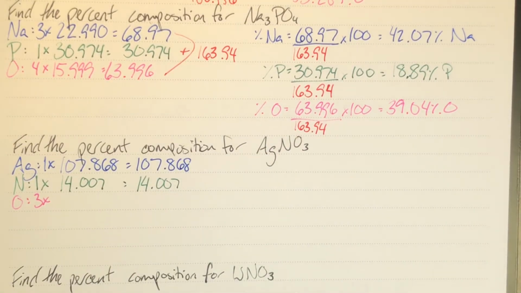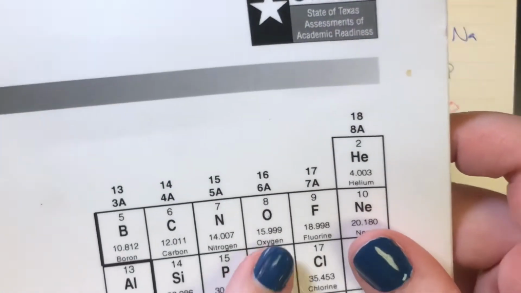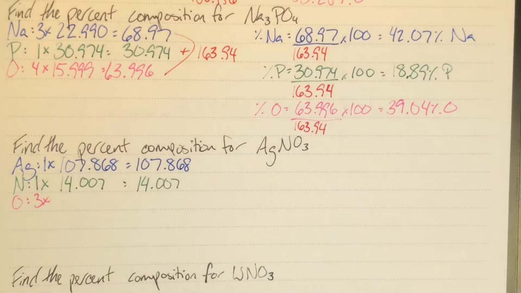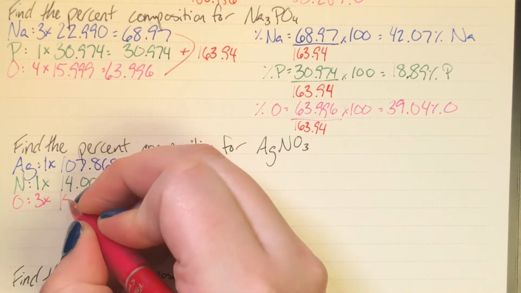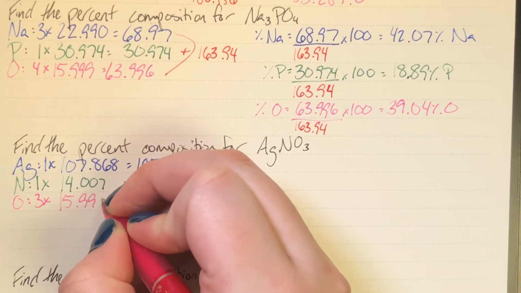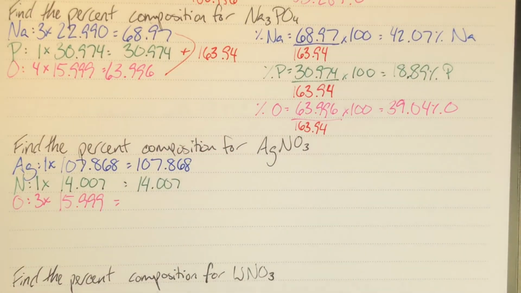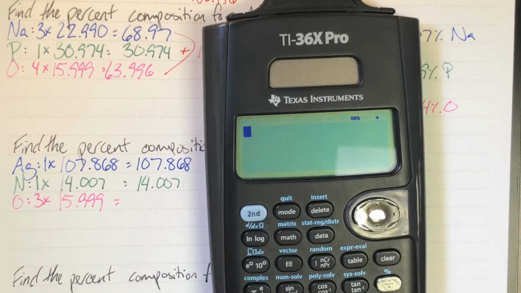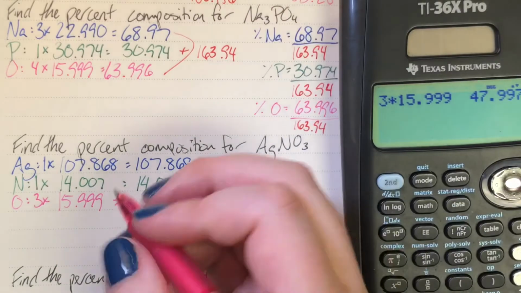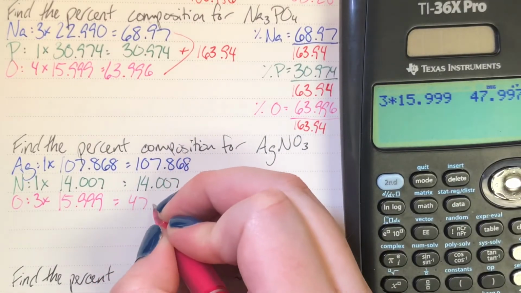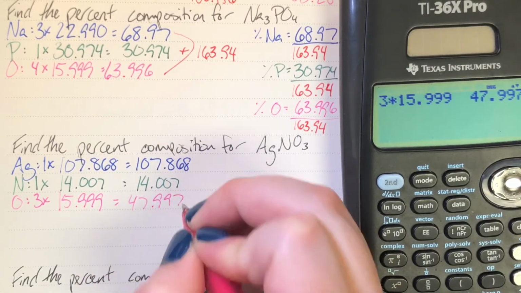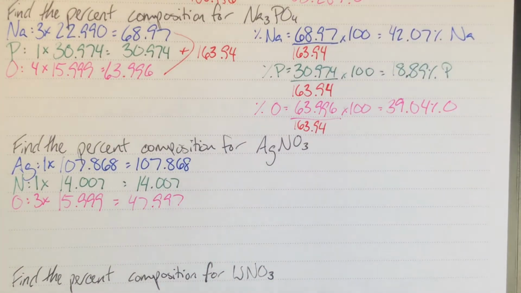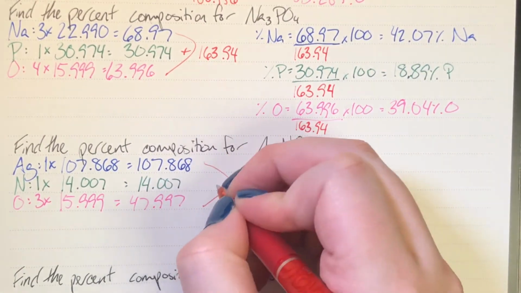And oxygen's mass is going to be 15.999. And this is the only one I'm going to have to put into the calculator since it's not multiplied by 1. So 3 times 15.999 gives me 47.997. And then I'll add all of those up.